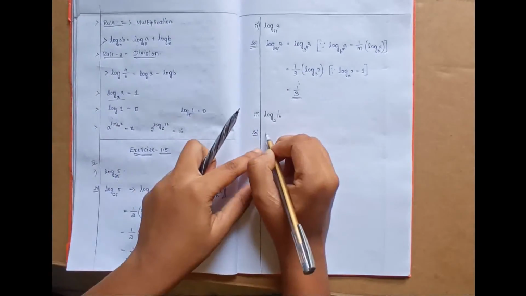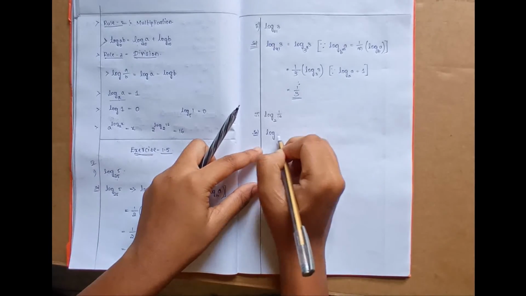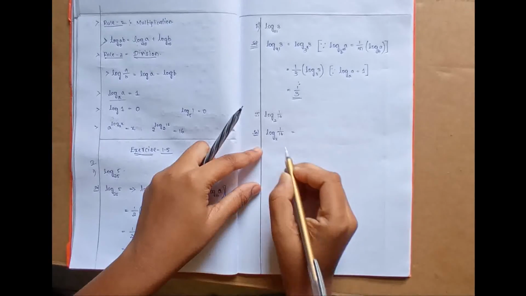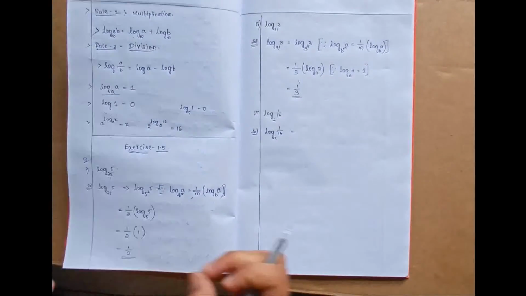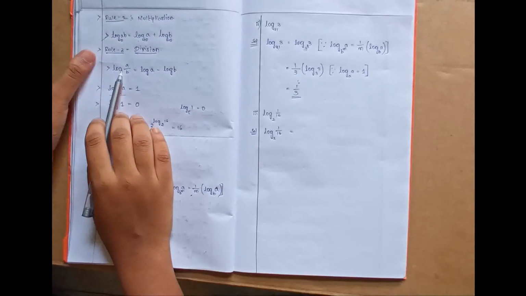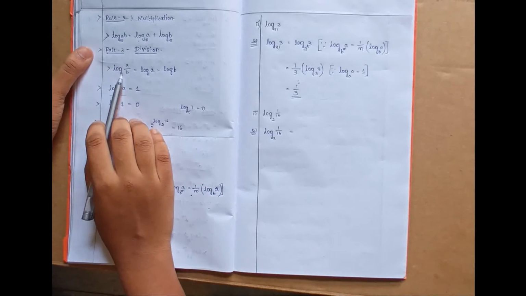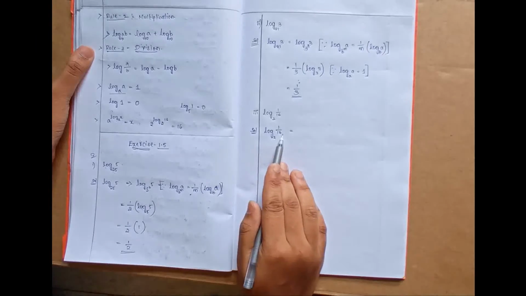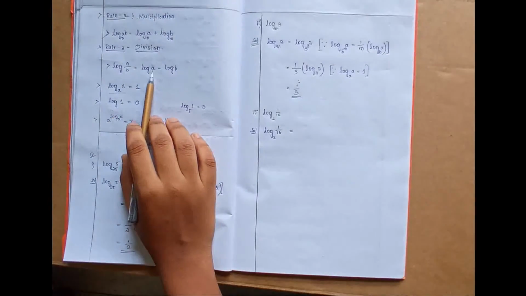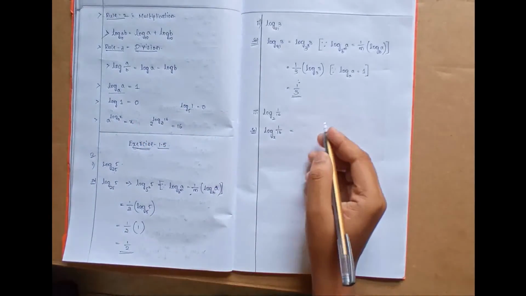As you see, this is in the division form. You can keenly observe that it is log a by b, log 1 by 16, same, right? Now let's write the result in the form of subtraction.